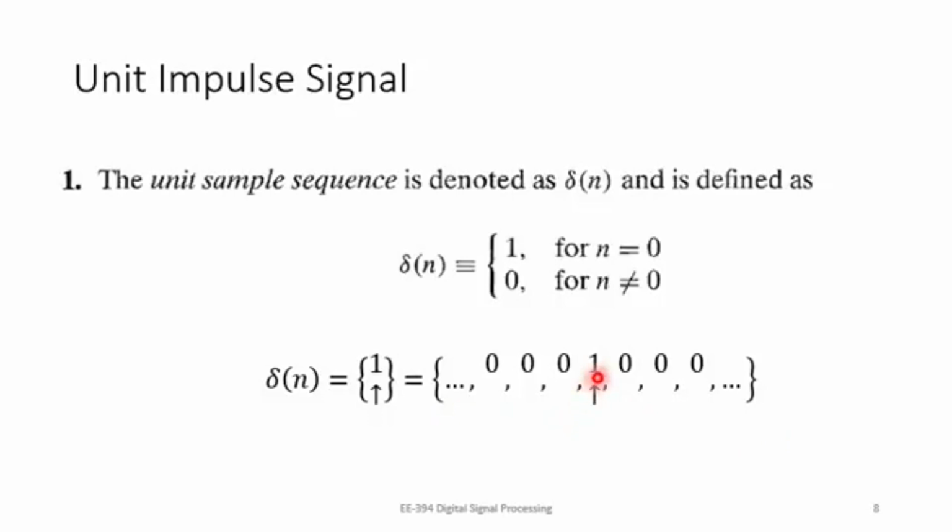Remember that in case this value is not 1, but 2 or 3 or -1, then it will still be an impulse signal, but not a unit impulse signal. If the amplitude of the signal is 1, then we call it a unit impulse signal, and this is used quite often in signal and system analysis, and you will see this symbol repeating a lot of times during our course.